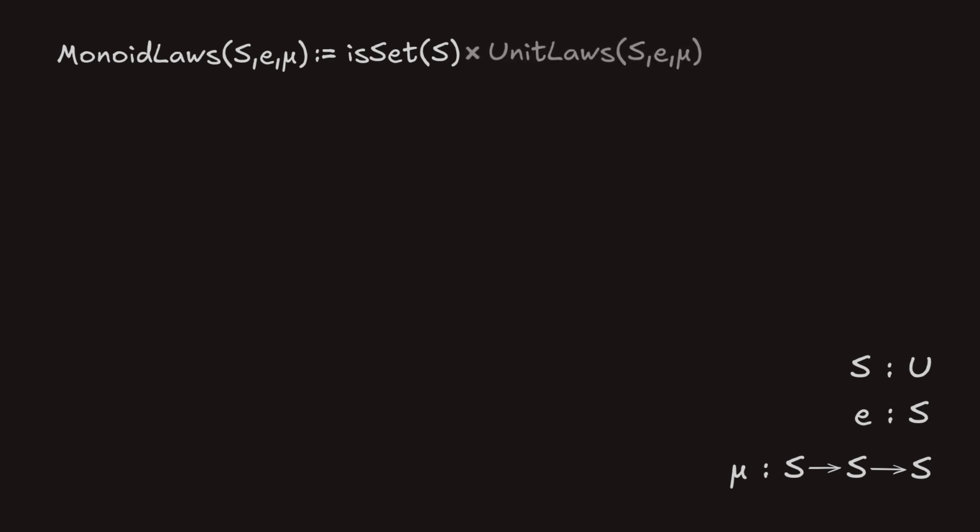Suppose we were given a type S, a term E in S, and a function mu used to compose terms in S. We say that they form a monoid if S is a set and S, E, and mu obey what we call the unit laws, and S and mu obey the associative law. But what does this all mean?